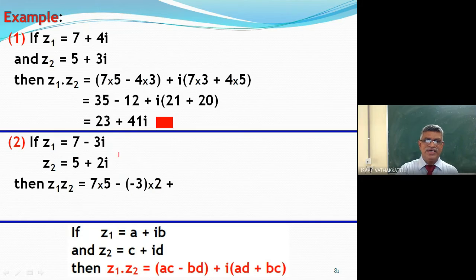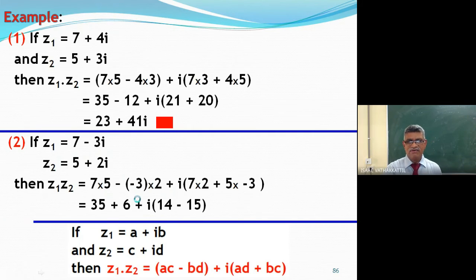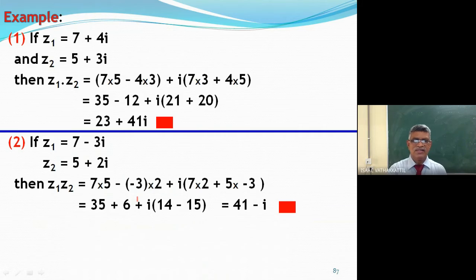AC minus BD, there is a negative sign extra in B. AC minus BD plus i into AD plus BC. AD is 7 into 2, 14, plus 5 into minus 3. Ultimately 35 plus 6 plus i into 14 minus 15. What is that? 41 minus i.